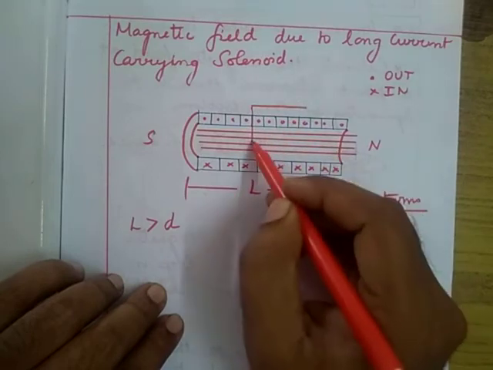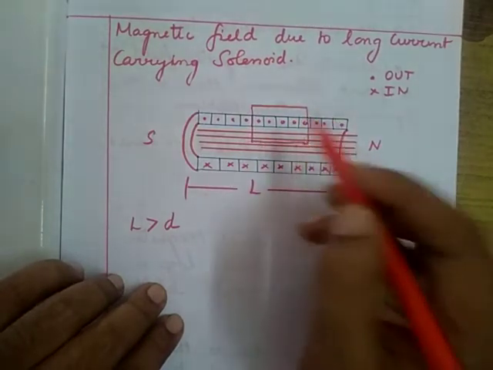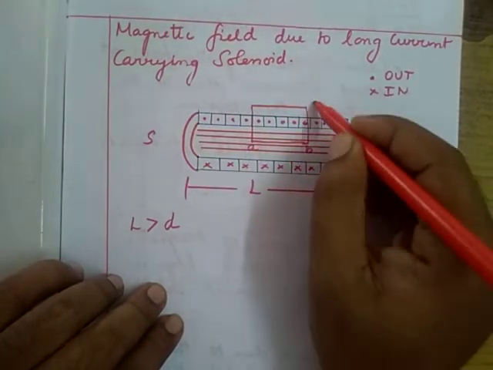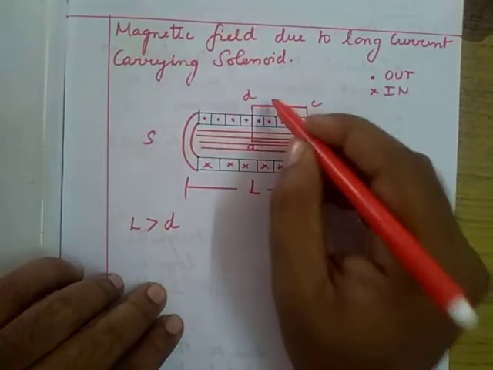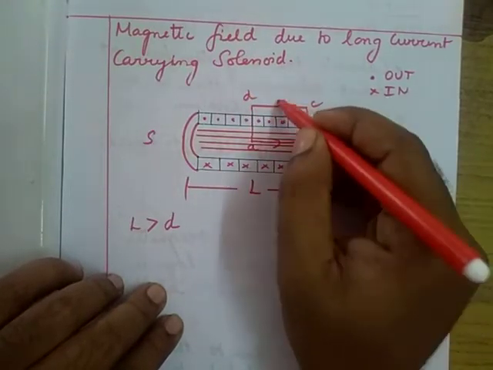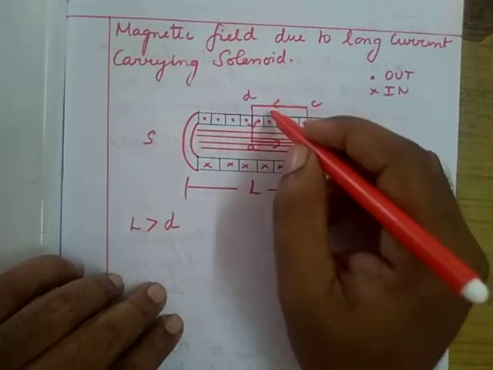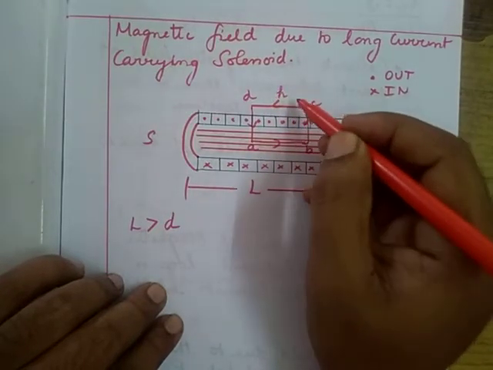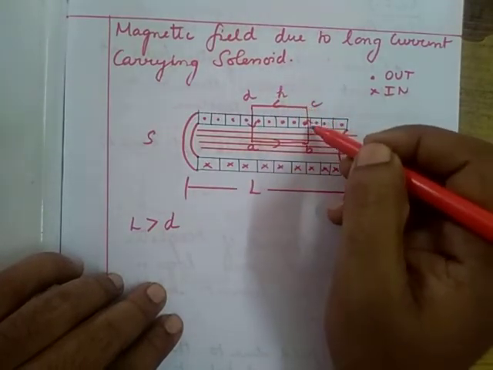Here I consider a rectangular Amperian loop named A, B, C, D. It consists of 4 elements. This element length is h, though it may be some other value.